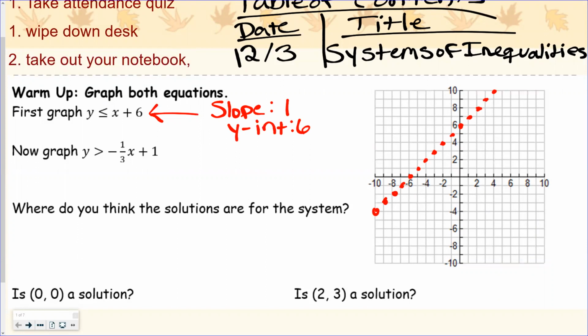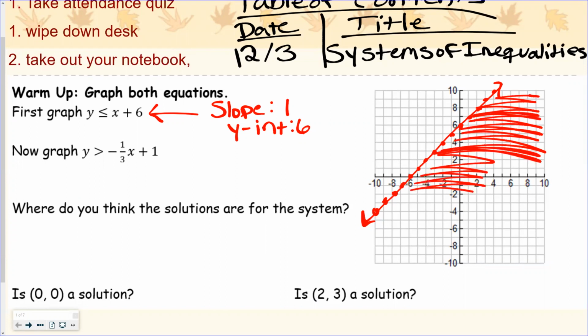I have a less than or equal to, so my line is going to be a solid line. We are going to shade below the line because we do have less than or equal to. So below would be on this side of the line.